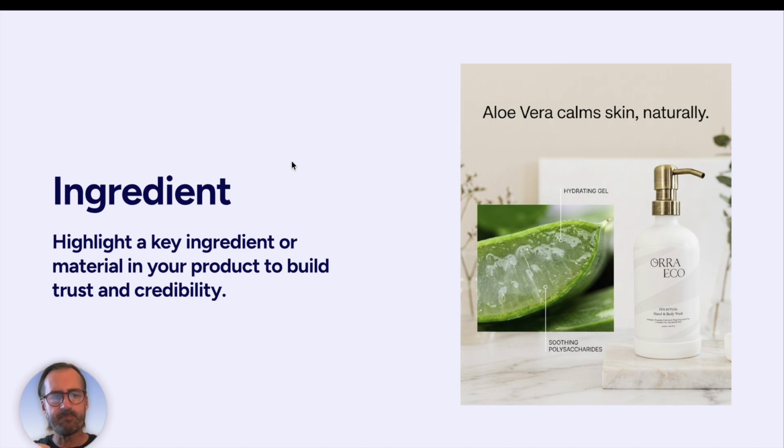So these work great for statics. You can really zoom in and list that key ingredient, material that features within your product, and it gives your customers something to think about, consider about your product that makes it special.